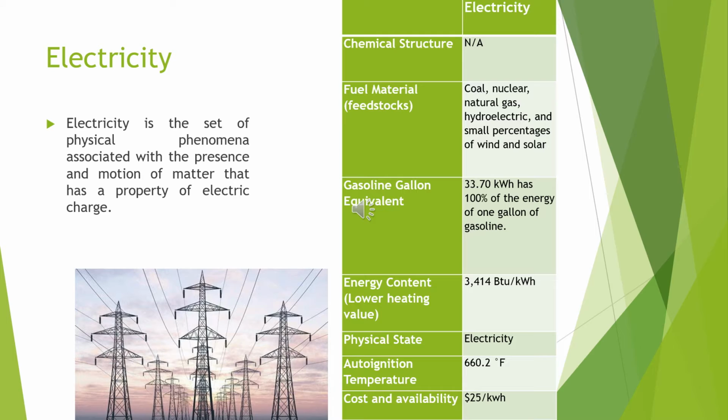Electricity is the first fuel which we discuss today. Electricity is a set of physical phenomena associated with the presence and motion of matter that has a property of electric charge. The fuel material of electricity is coal, natural gas, hydroelectric, and small percentages of wind and solar. 33.7 kilowatt hours has 100% of the energy of 1 gallon of gasoline, and the energy content of electricity is almost 3400 BTU per kilowatt hour.